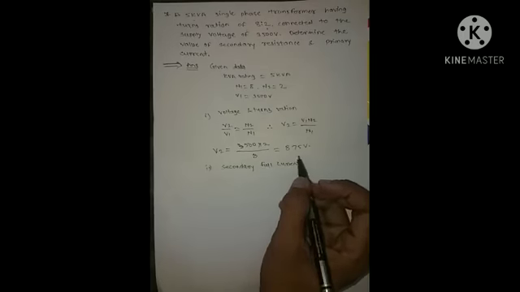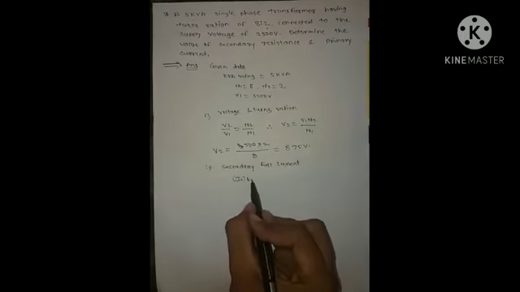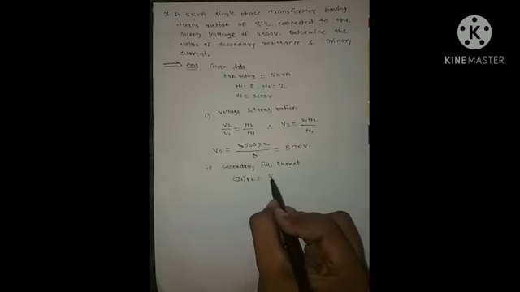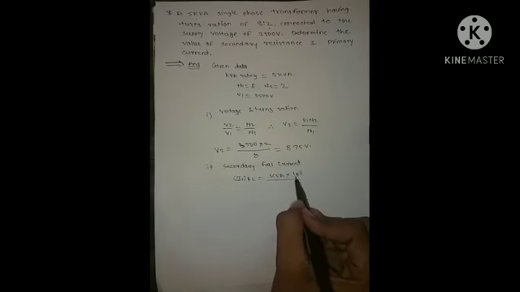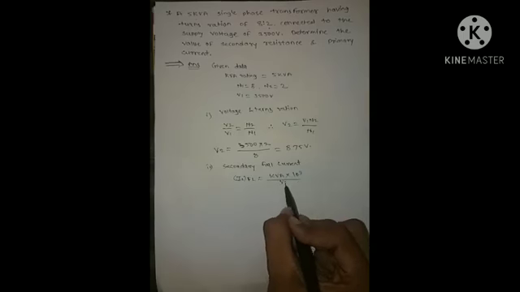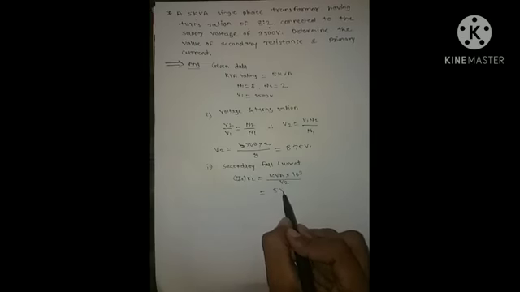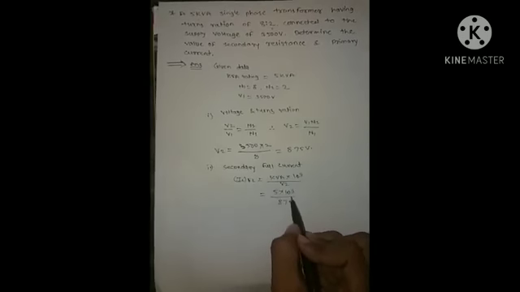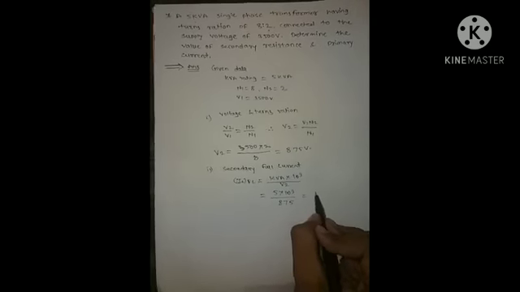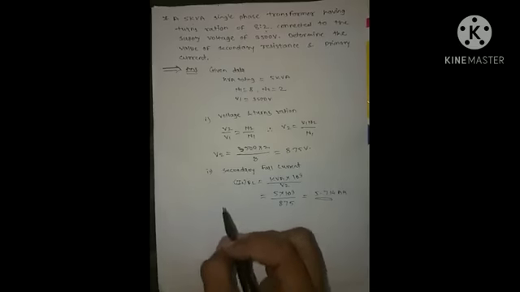In the previous numerical we know this formula, so here we also use this formula. I2FL equals kVA into 10 raised to 3 divided by V2. So put the values of kVA 5 into 10 raised to 3 upon the value of V2 is 875. After solving this, we will get I2 equals 5.714 ampere. This is our second answer.